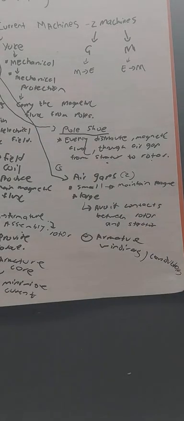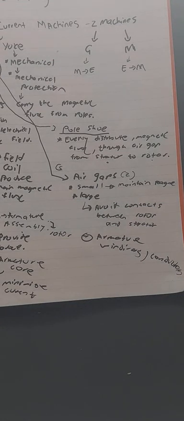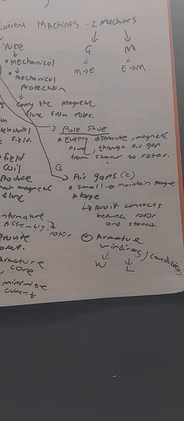Armature windings and armature core, or armature conductors. We have 2 types again here. We have wave winding and we have lap winding. Remember, we have wave winding and we also have lap winding.